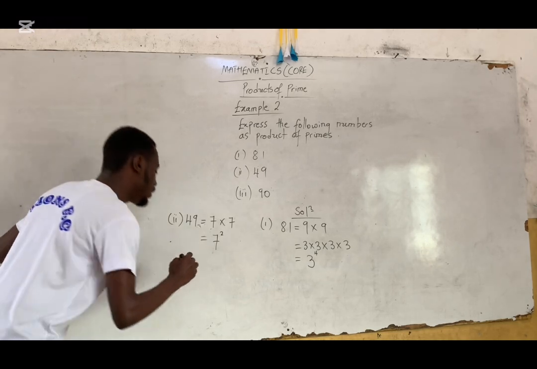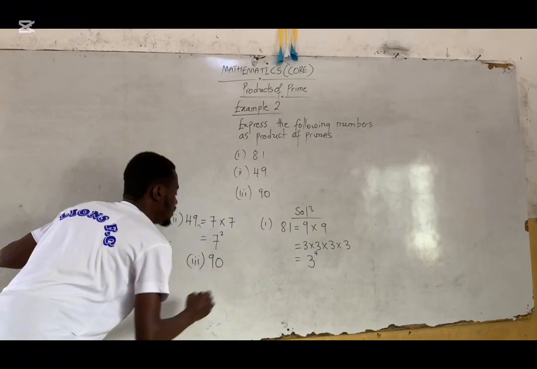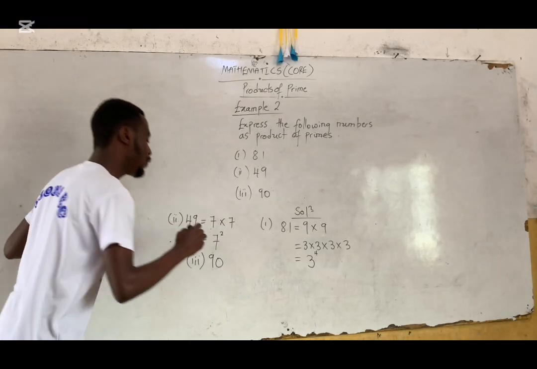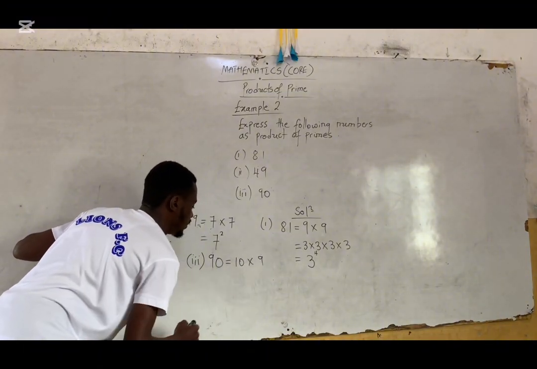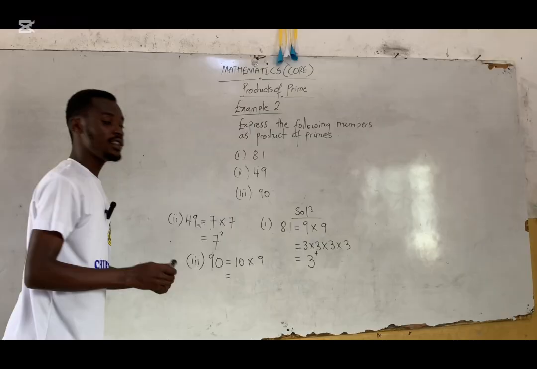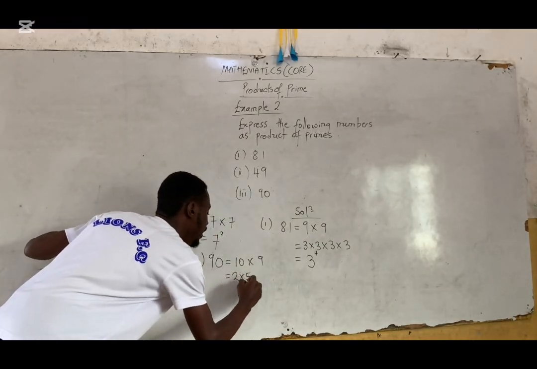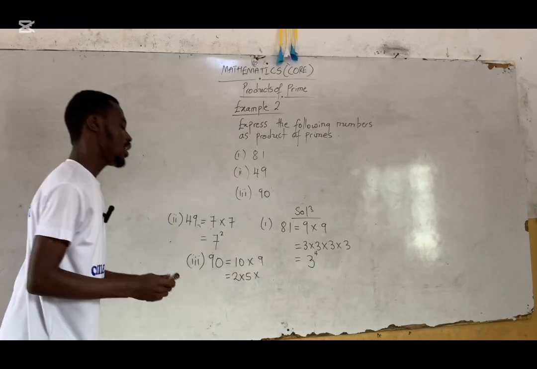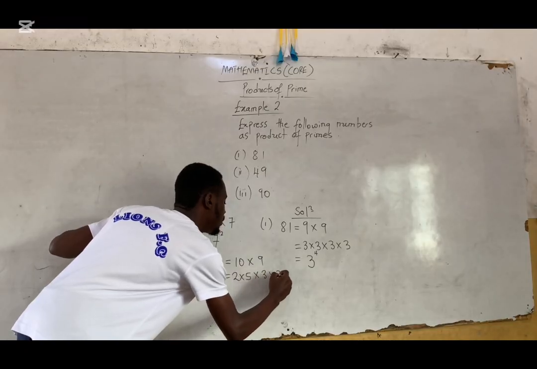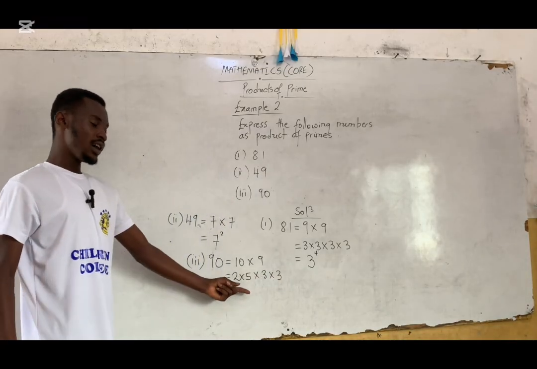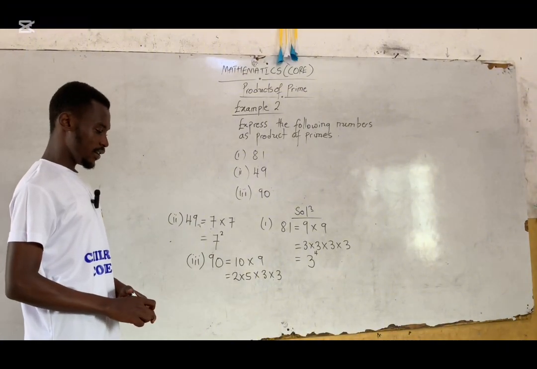And the last one, that is 90. I'm going in for 10 times 9. We can break 10 down. We'll have 2 times 5 times, and then that of 9, we can have 3 times 3. Now we cannot break down any other number in the multiplication we have here, right?